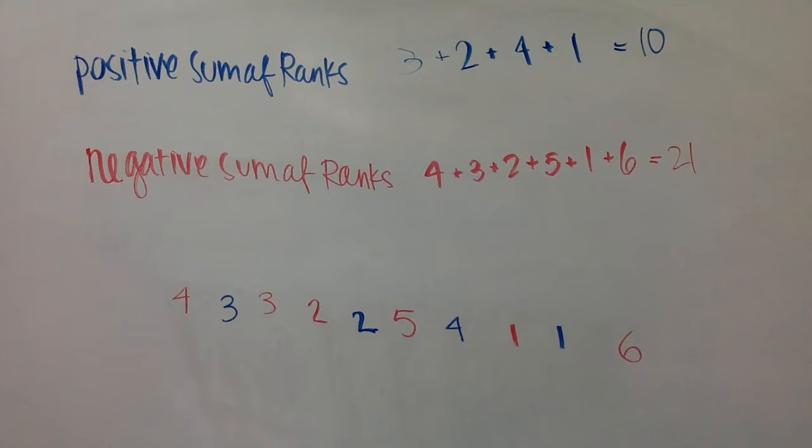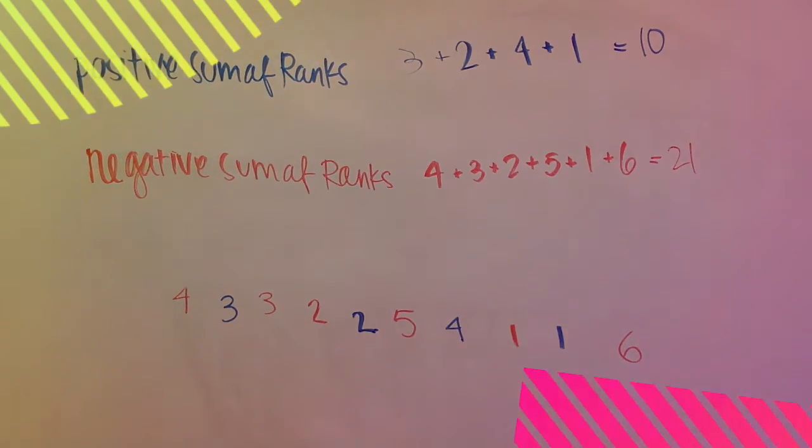For a total of 10 for the positive sum of ranks and 21 for the negative sum of ranks. So our next step is to find the t-statistic, which is going to be taking the smaller number out of the sum of ranks, which here is our positive sum of ranks at only 10. So we're going to use that number and search our table to find the t-statistic.